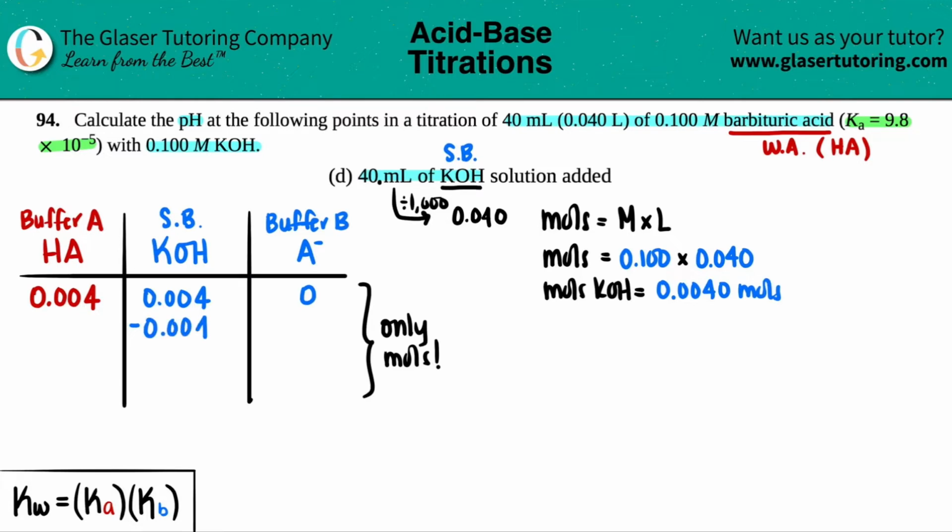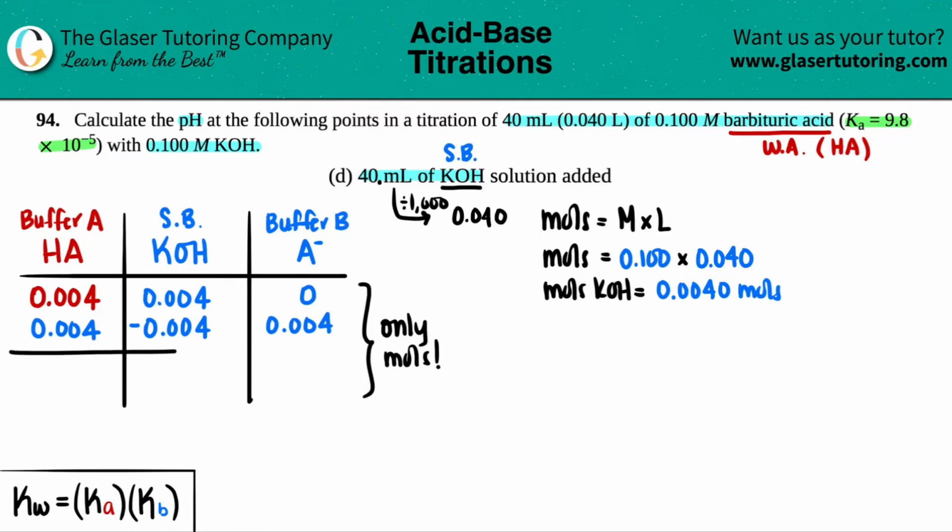And I'm using my colors with a purpose. The blues are always the base numbers, and the red is the acid. It just makes it easier to understand what's going on. And just know that this number is going to transfer over to the acid and base side because there's a battle. So 0.004 on this side and 0.004 on this side.